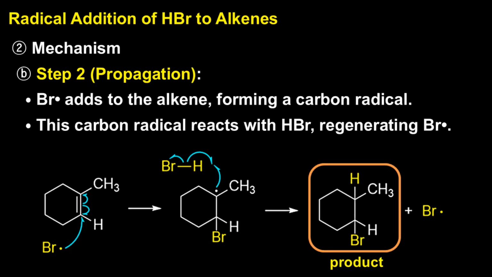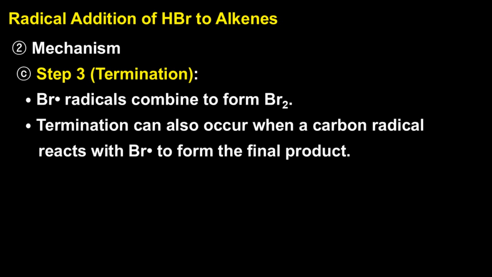Then that carbon radical reacts with another HBr molecule. It grabs a hydrogen atom, forming the final product, and at the same time regenerates a new bromine radical. So the cycle keeps going. Bromine radical is used, then remade again and again. And that's what makes this a radical chain reaction. In the end, what do we get? An anti-Markovnikov product, all because of this radical pathway.